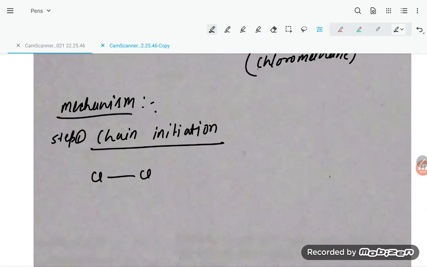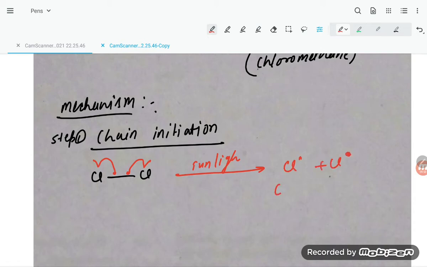This bond is formed by two electrons, so it will be broken in the presence of sunlight, giving Cl plus Cl. This is known as the chlorine free radical.